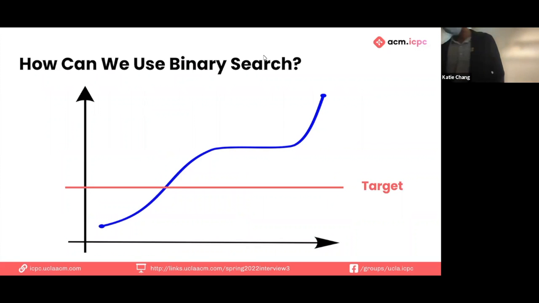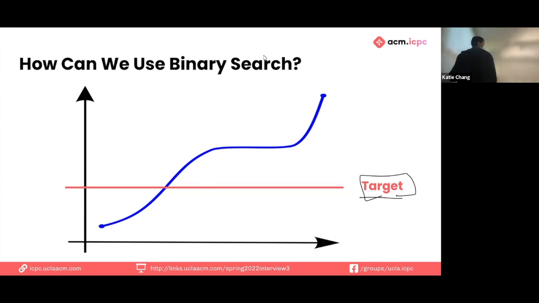So let's take a look at this graph. What we have right here is a target, just like you would in any normal binary search code, but I want to generalize this. We have this y-axis, which represents a set of values, and we want to find this target in the y values of this graph.